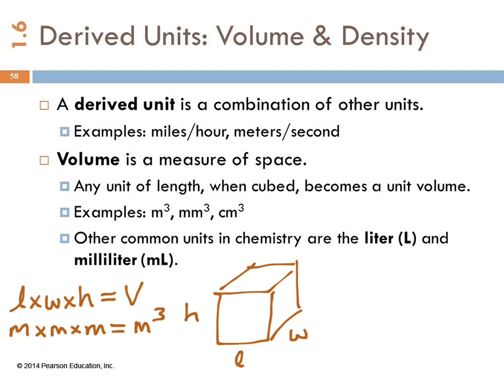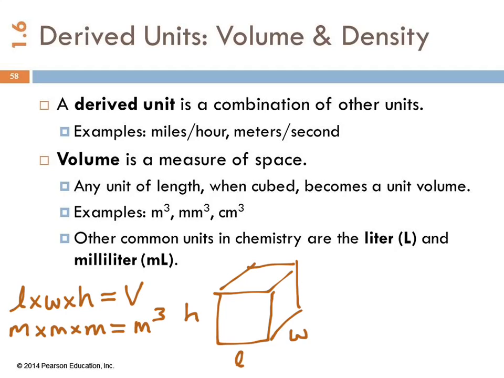Meters cubed means meter times meter three times. Meter, meter, meter. Okay? You can do that with any length unit. Throw the prefix in there. You can have cubic millimeters, cubic centimeters. You could have cubic megameters, cubic kilometers. It's a measure of volume. That unit is derived from a length unit by combining it with other length units.